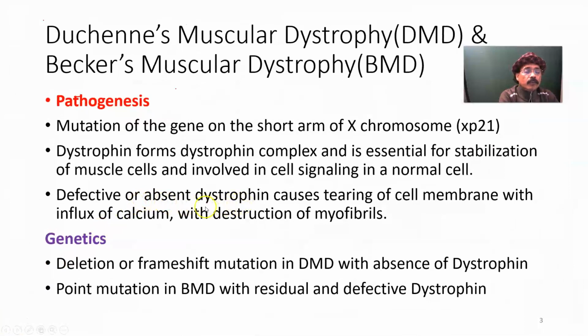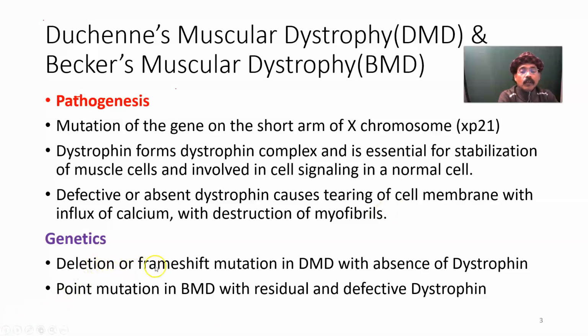Defective or absent dystrophin causes tearing of the cell membrane, and there is repair, but the tearing is more than the repair, with influx of calcium and destruction of myofibrils. That is the pathogenesis. Absent dystrophin means there is no complex with the glycoprotein of the cell membrane. So there will be cell damage and there will be repair, but the repair is less than the damage.